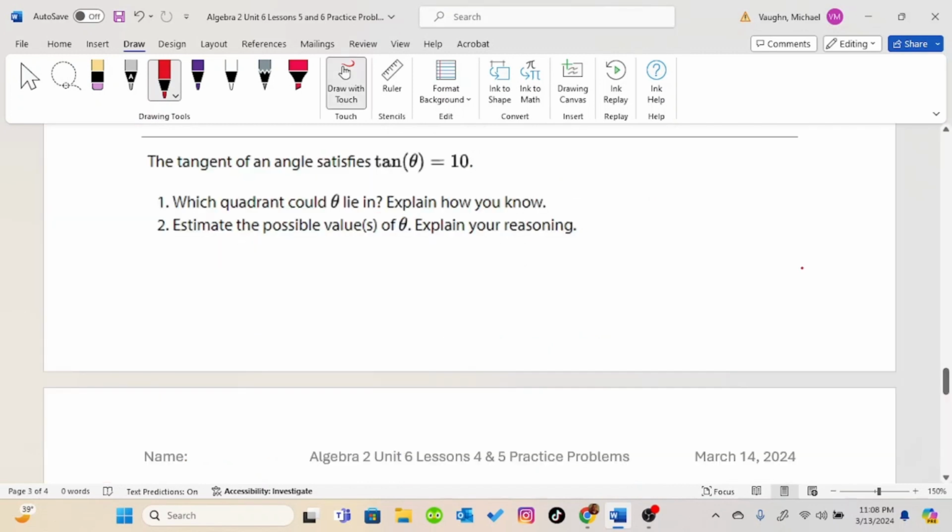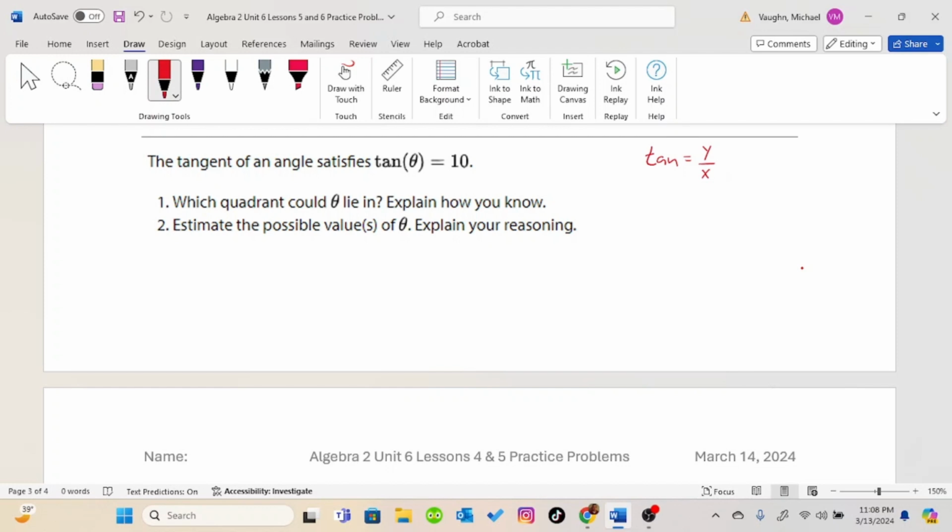The tangent of an angle satisfies tangent of theta equals 10. Number 1. Which quadrant could theta lie in? Explain how you know. So first, you have to remember that tangent equals y divided by x.